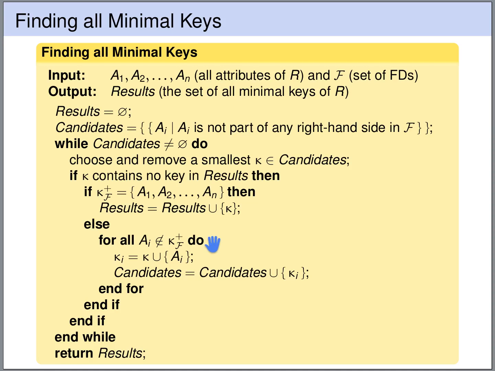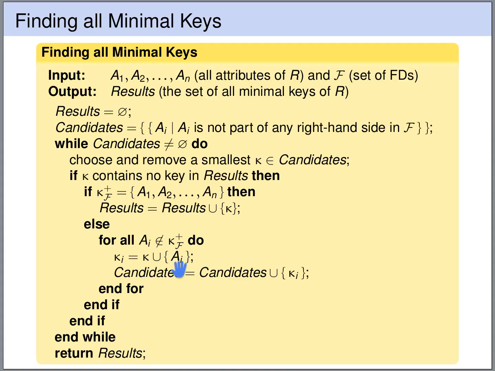If kappa is not a key, so in the else clause, then we extend this candidate kappa with certain attributes. With what attributes do we extend? We pick all the attributes AI that are not part of the cover of kappa. So those attributes that are in the cover are implied by kappa anyway, so we don't need to add them. So we look only at the attributes that are not in the cover, and then for each of them, we create a new candidate kappa I that is the extension of kappa with the attribute AI.